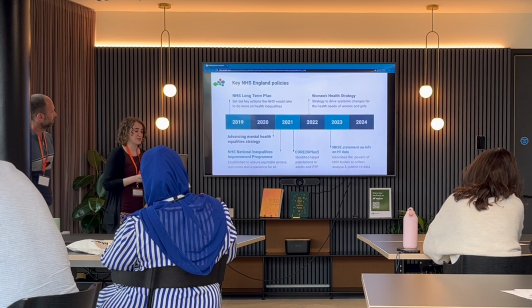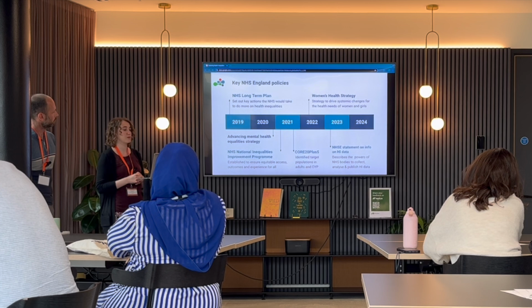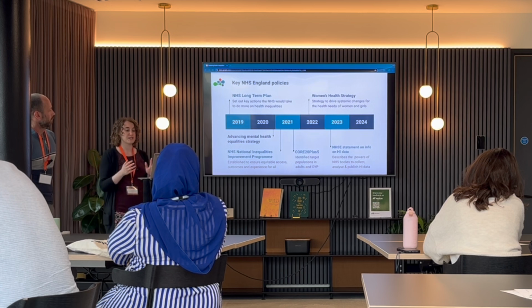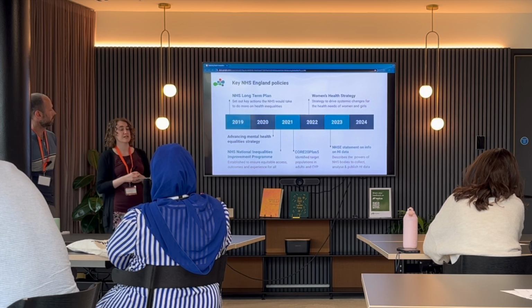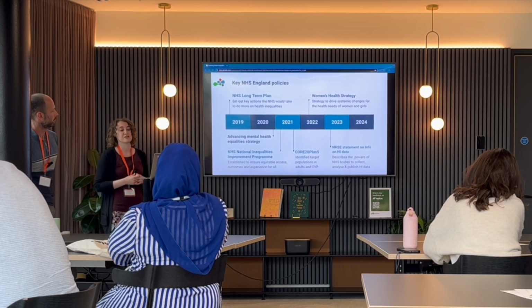And then in January 2021, the NHS National Inequalities Improvement Programme was established. This programme works with other programmes and policy areas across NHS England and is responsible for setting the direction for tackling health inequalities, creating a positive improvement culture, and using data to target action to reduce and prevent healthcare inequalities.